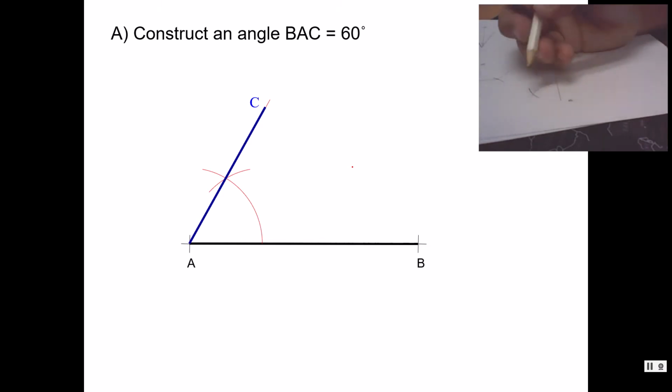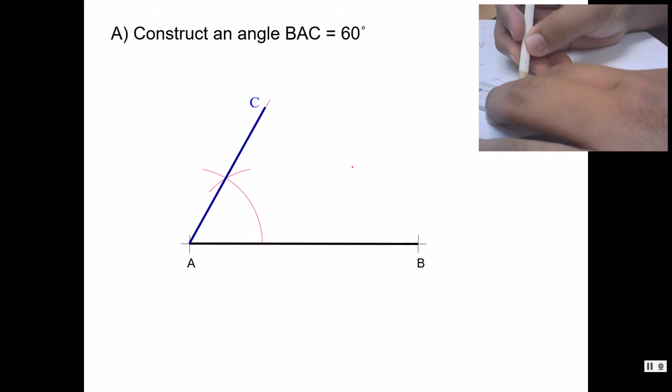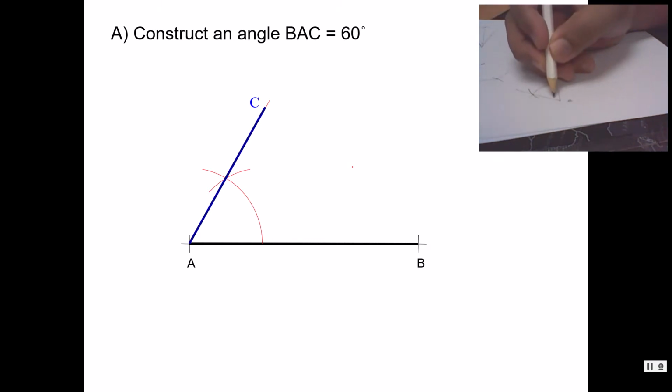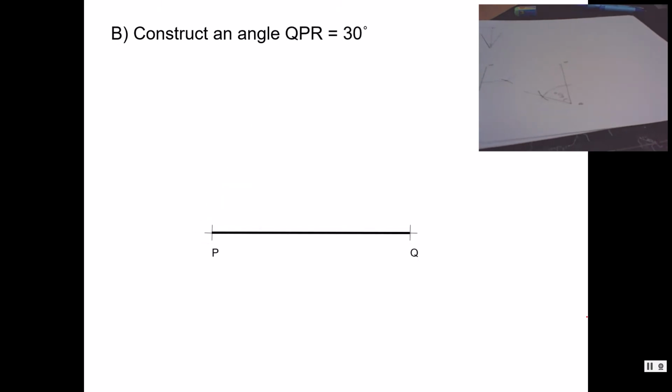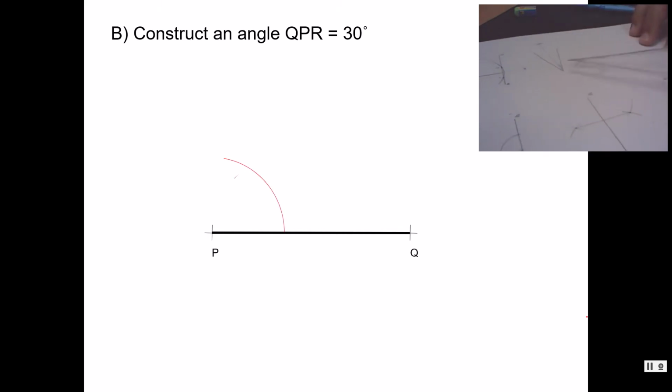So you got this point, so just draw one line to go to point A. Okay, so you already got the 60 degree point. Now we want to construct an angle of 30 degree. Let's see how you can do it.